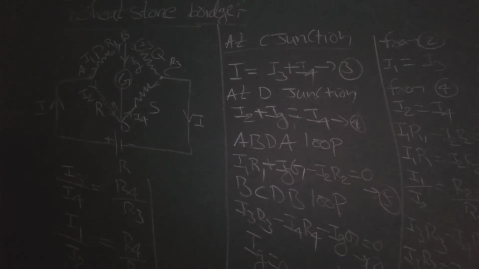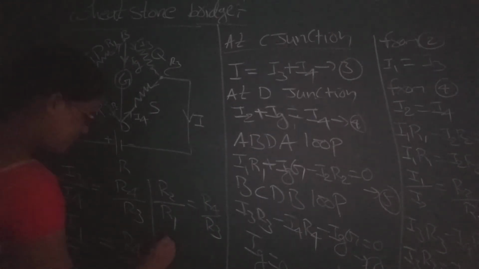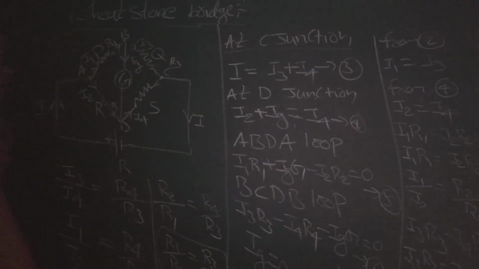According to equation number 7, I1 by I2 is R2 by R1, which is equal to R4 by R3. You can also write R1 by R2 is equal to R3 by R4. This is the balancing condition of the Wheatstone bridge.